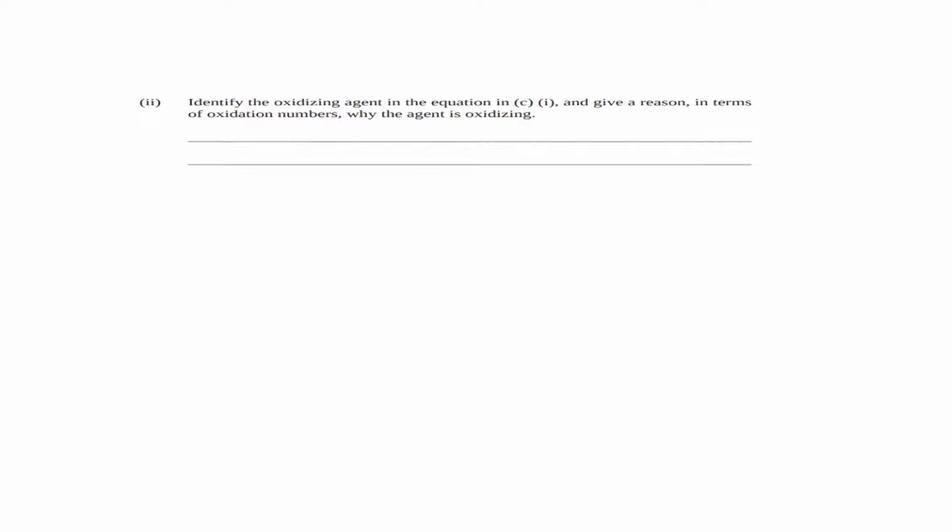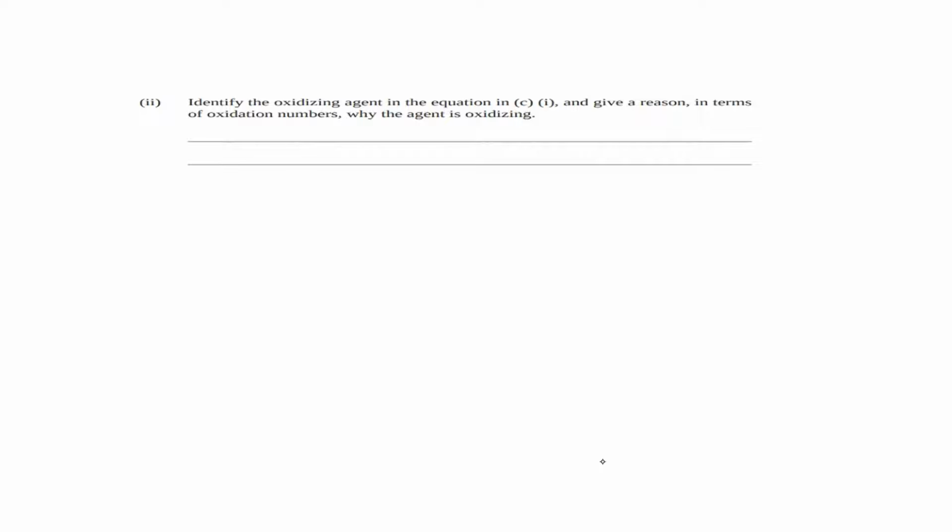Identify the oxidizing agent in the equation that we just did, and give a reason in terms of oxidation numbers why the agent is oxidizing. So first of all, what is an oxidizing agent?